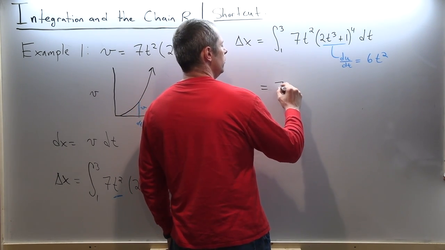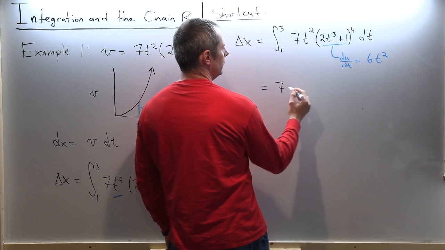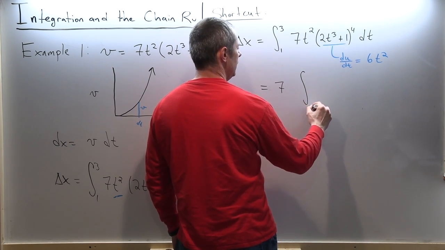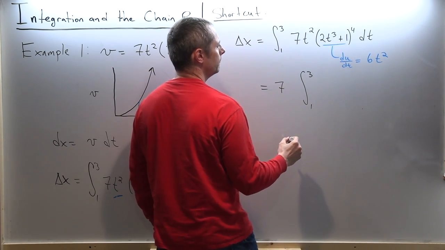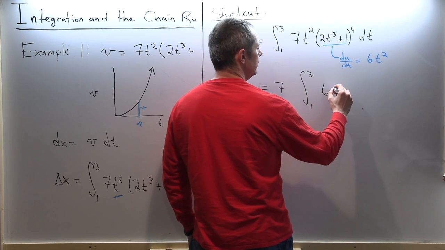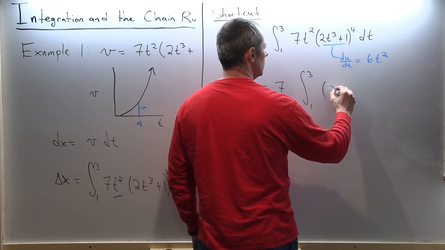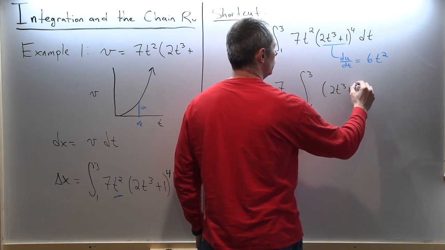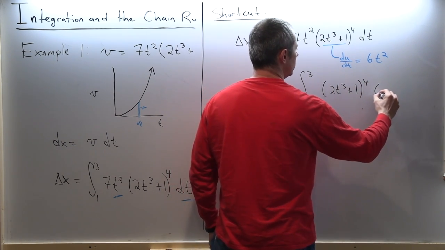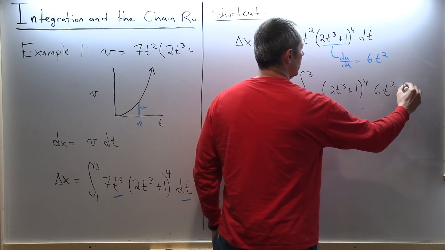So what I could do is bring the 7 out here, and I'm going to leave a little space over here. I'm going to write my integral from 1 to 3 seconds. And I'm just going to put the 6t squared, well, maybe I'll put it all together. 2t cubed plus 1 to the 4th power, 6t squared dt.